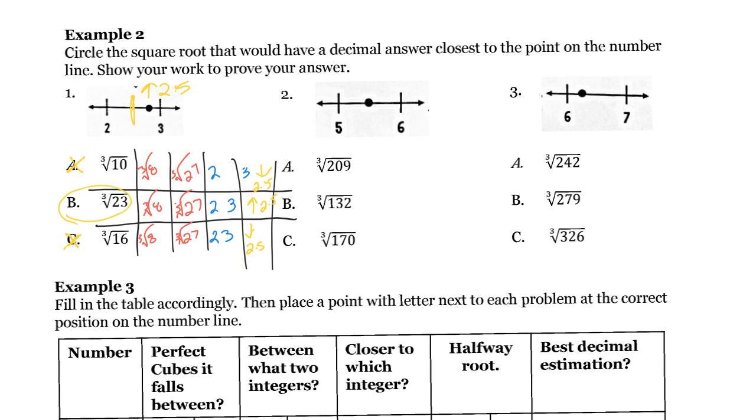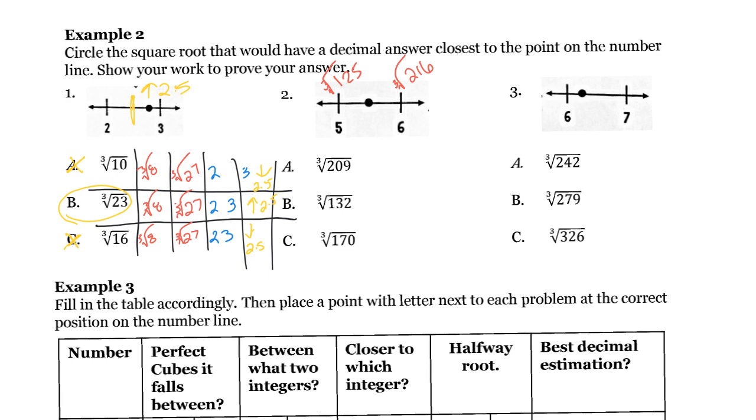Okay. So we could do this another way, which is probably what I would do, is I would look at this number line. Well, 5 cubed is 125, and 6 cubed is 216. So I know that my cube root has to be between 125 and 216.